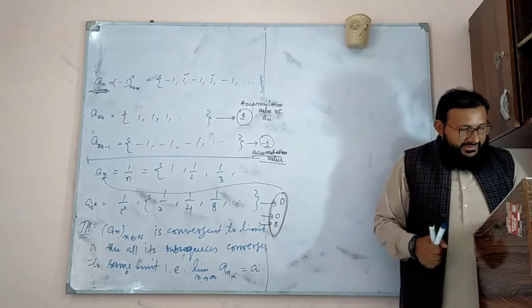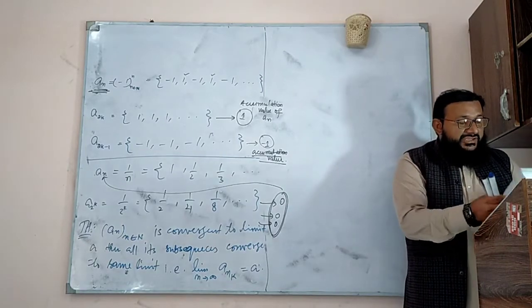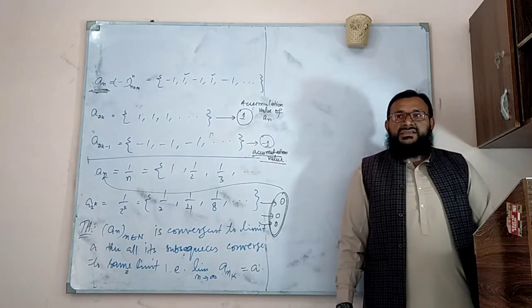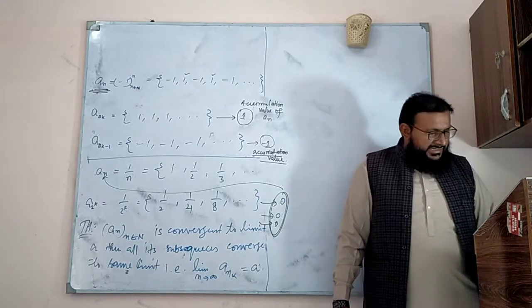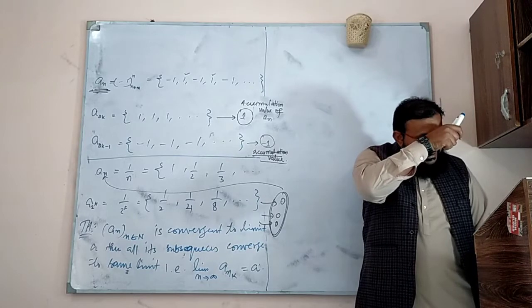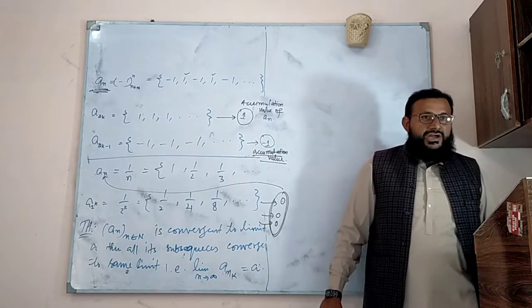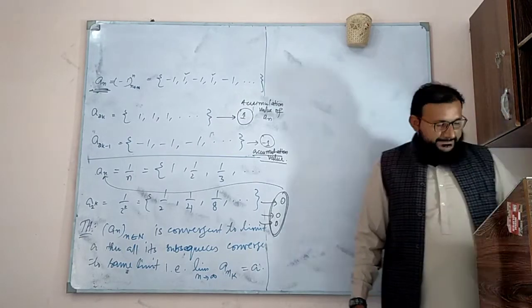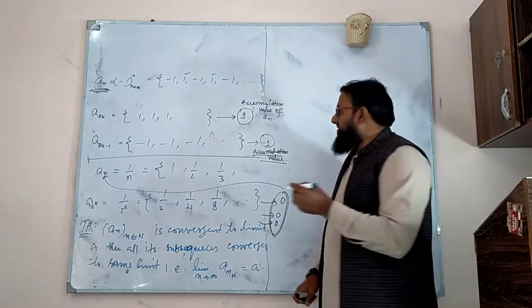Let's write the definition of accumulation value, different from the traditional definition that we write. There are some other words: cluster point, limit point, accumulation point, also called partial limit. So let us write these names first.